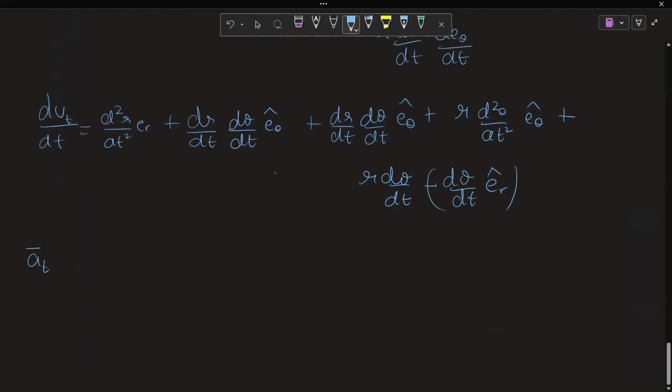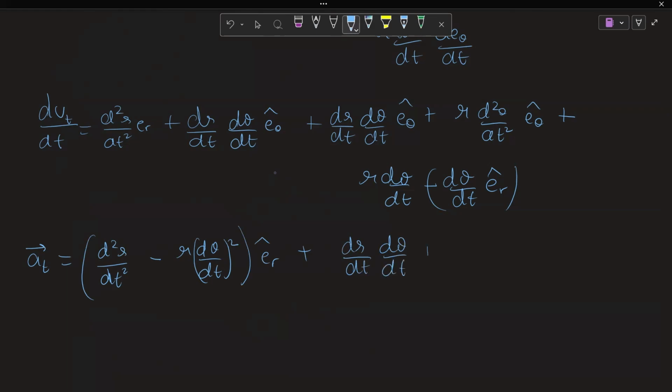So we get the acceleration at any time t, let's separate the components: d2r by dt square minus r d theta by dt whole square into E_r cap, plus dr by dt into d theta by dt, multiplied by 2 because we have two terms, plus r d2 theta by dt square, into E theta cap.